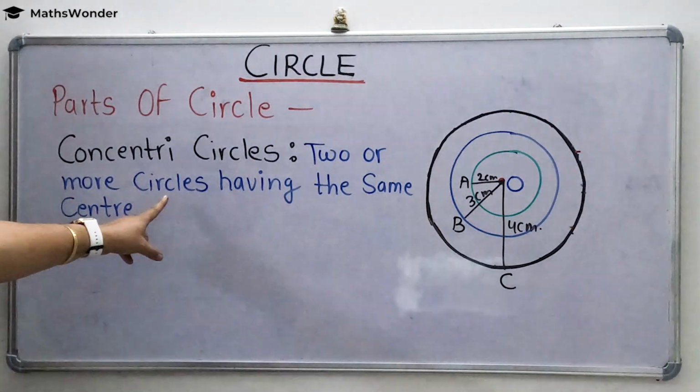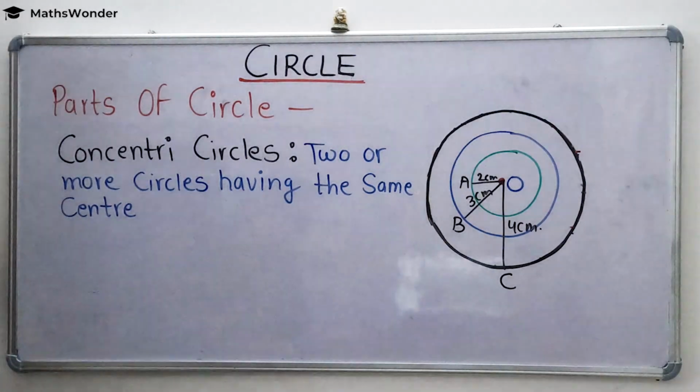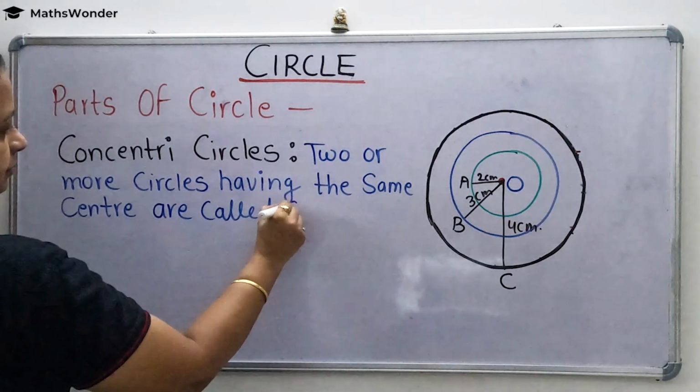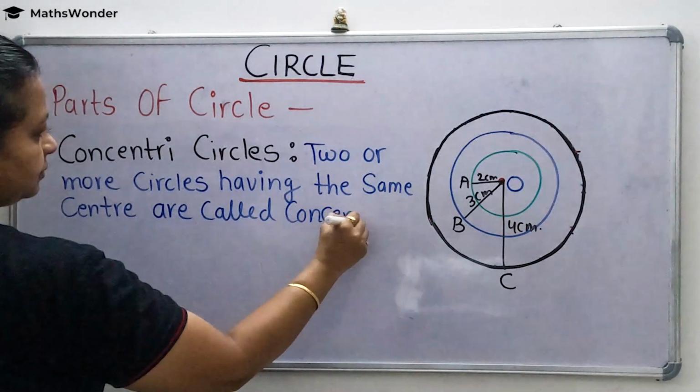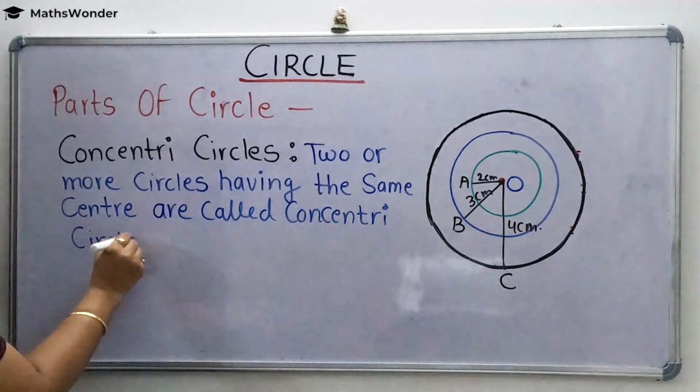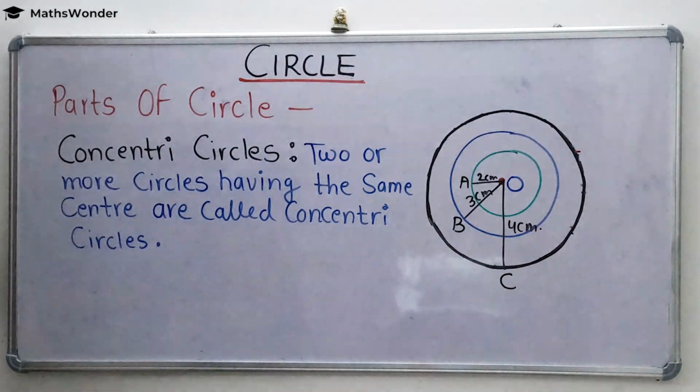Two or more circles having the same center are called concentric circles.